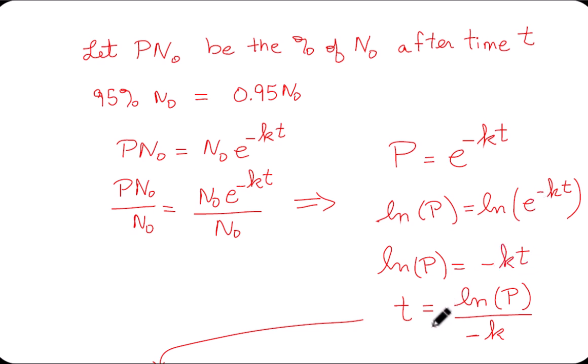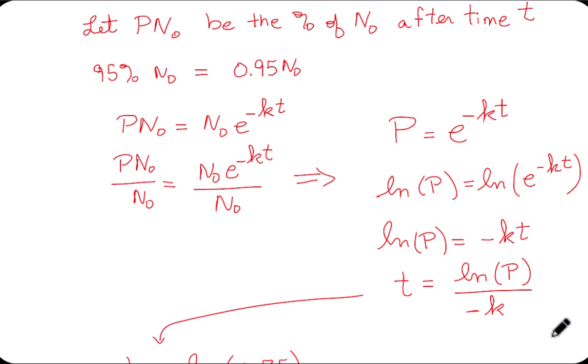And so what I get by this is a formula for time where I could plug in any percentage that I liked along with k, and I could find out how long that was, rather than just sticking in the number from the start. So I like to get a formula. That way I can use that for multiple instances or for analysis purposes.